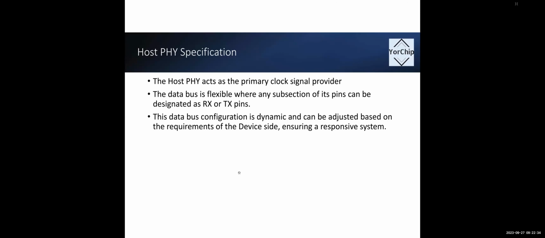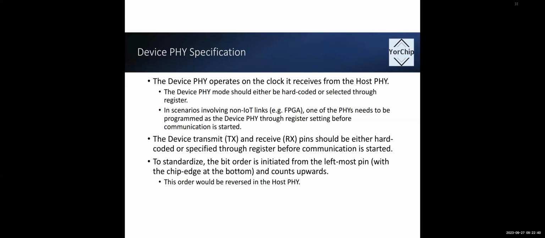So that's basically on the host device, which is a device that has the clock and sends the clock. The device phi is the part that's a little harder to define or has more definition attached to it. It operates on the clock that it receives from the host phi. So this should be either hard-coded or selected by a register in a scenario that involves non-IoT links.